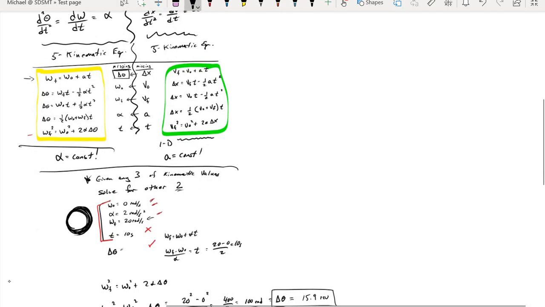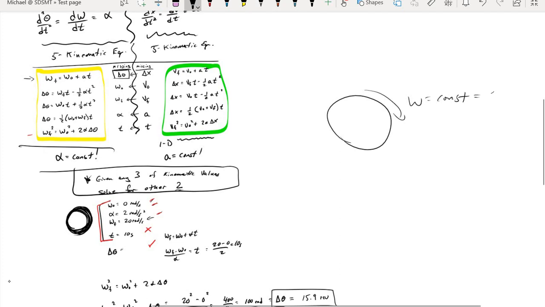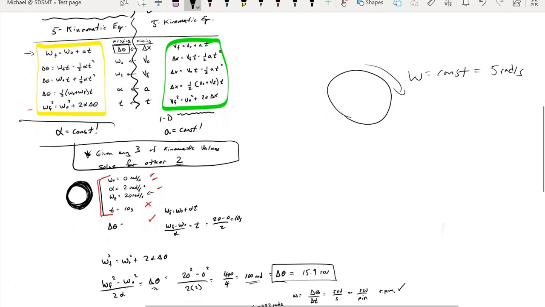And the rules for the kinematics are still the same. Given 3 pieces of information, we can solve for the other 2, with one exception. That exception being, what if you had a wheel that was spinning at a constant angular velocity of 5 radians per second?